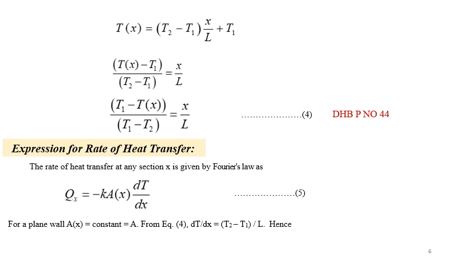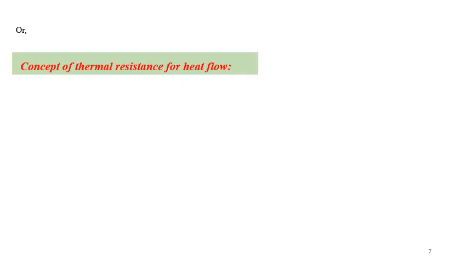Okay, so q of x is equal to minus K A (T2 minus T1) divided by L. So it can be written as Q of x, that means the rate of heat transfer along the x direction, Q is equal to K A (T1 minus T2) divided by L. Okay, the negative sign is absorbed.